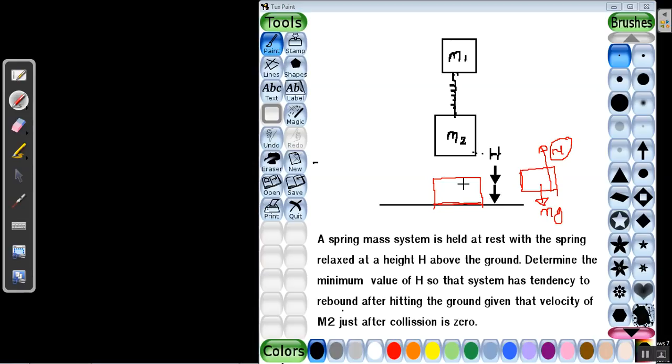The question says to find the minimum so that it rebounds. Rebound means that after this it starts moving upward. So there must be a force F in the upward direction, but the question is who is applying this force F.